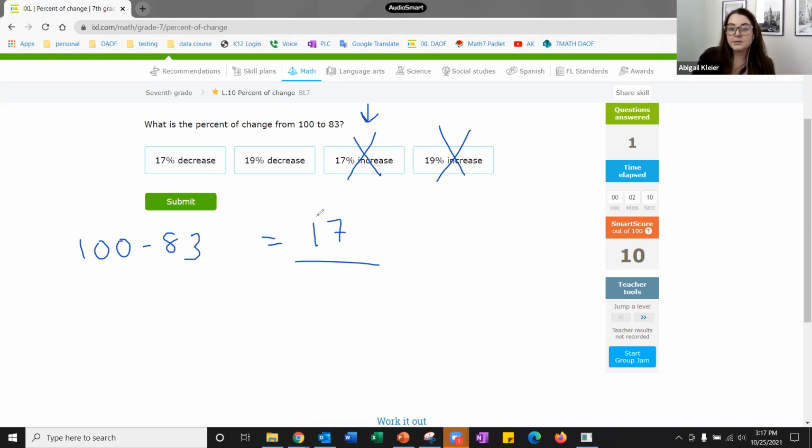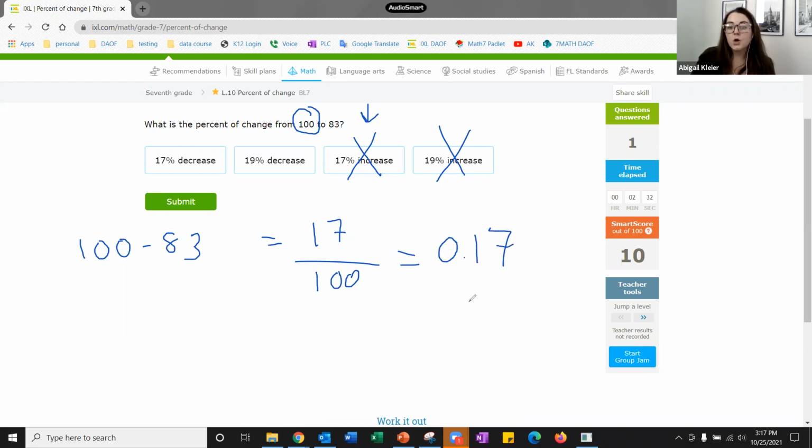Second step, identifying the original value. Our starting point was 100. That's our original value. That is our denominator. Third step, we're going to divide. 17 divided by 100 gives us a decimal of 0.17.